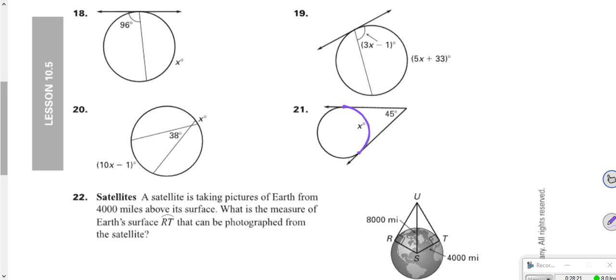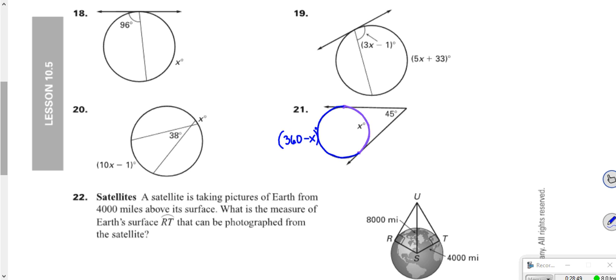So if that is x, that means what's left is the entire rest of the circle. This would be 360 minus x. I hope you all can see that. If that's x degrees, then this is 360 minus x degrees, because together, 360 minus x plus x, the x's would cancel, they should add up to 360.